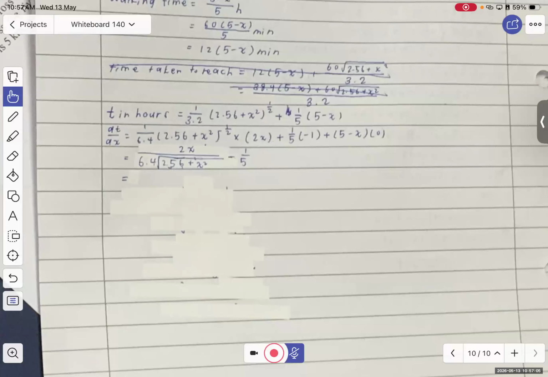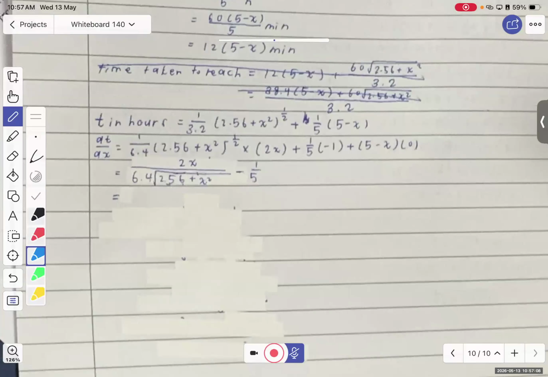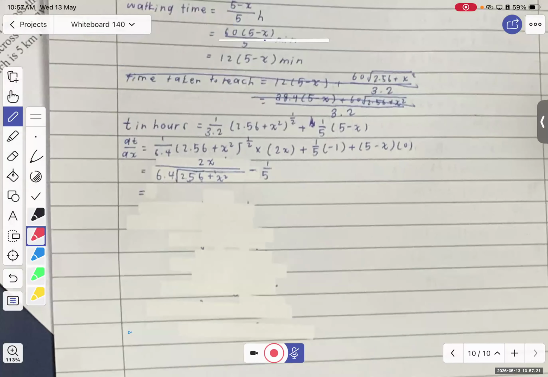How come you got 1 divided by 6.4? Or how come this one becomes 6.4? Of course, the power goes in front. You can just write it as 1 over 5 minus x over 5, because the shape becomes 0, becomes 1 over 5.